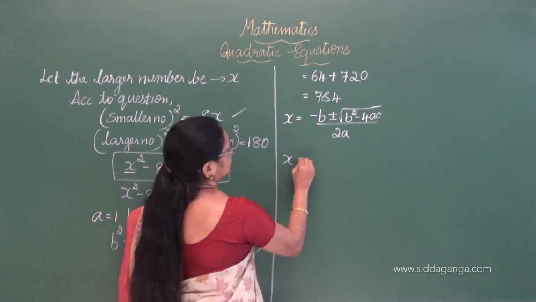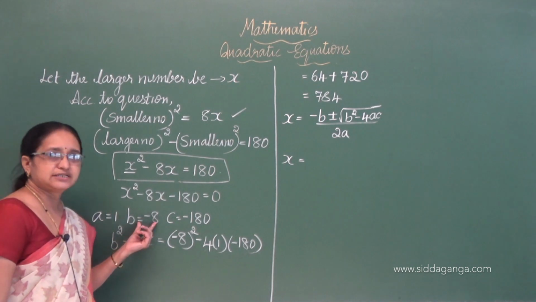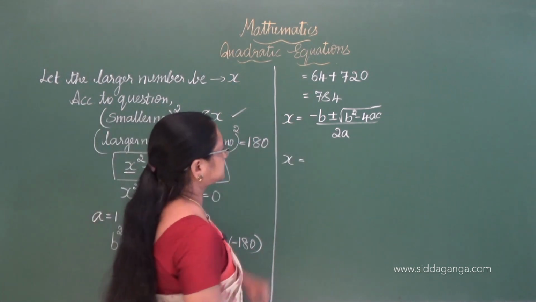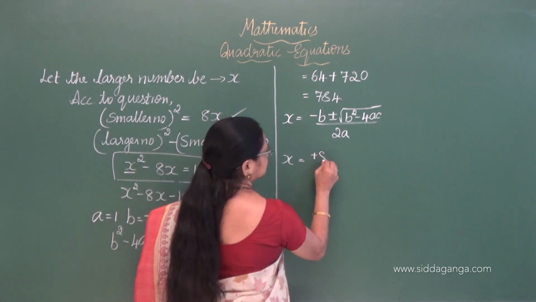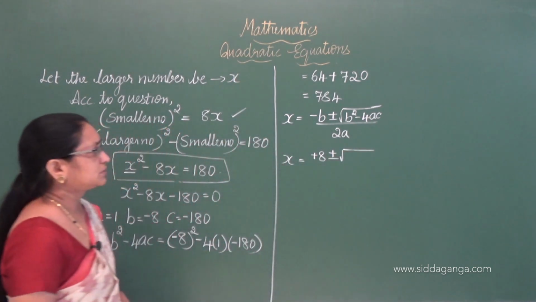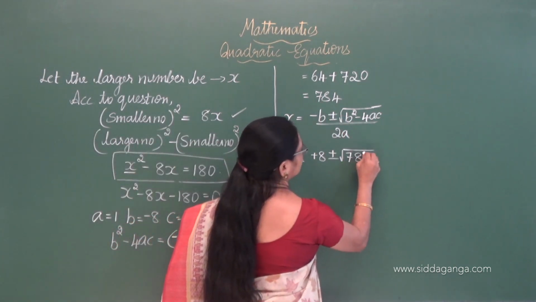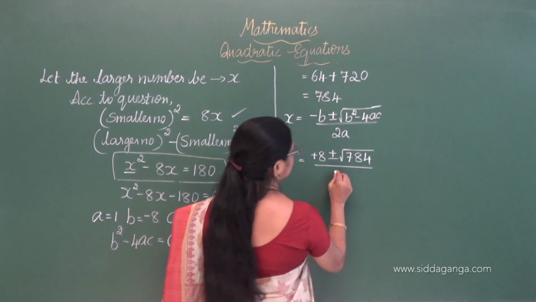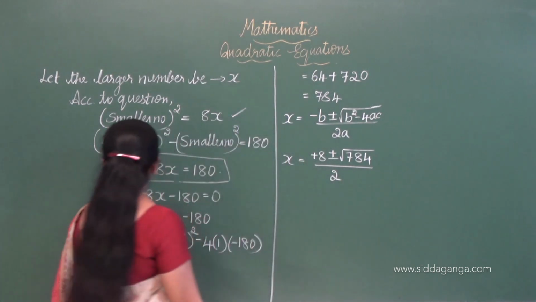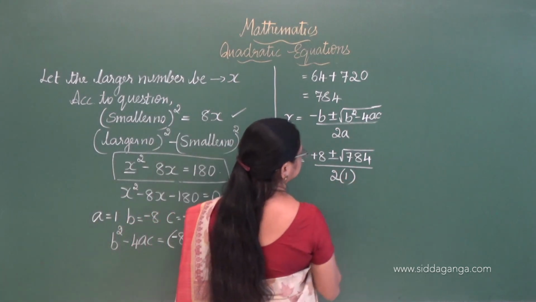Next, x is equal to minus b. So, b is how much? Minus 8. So, minus into minus becomes plus 8, plus or minus root of b square minus 4ac, which is 784, divided by 2a. 2a means 2 into 1.